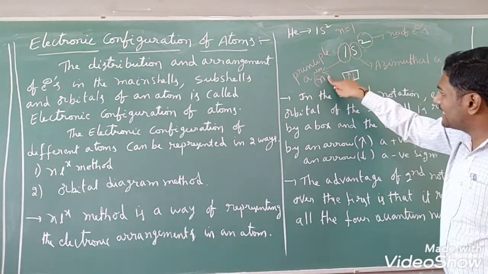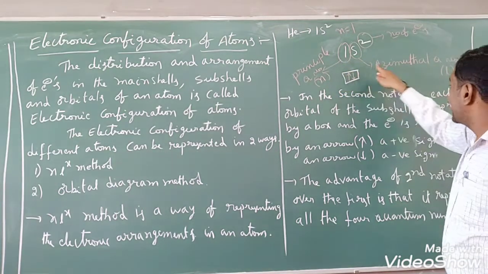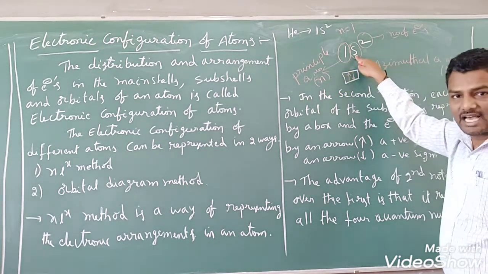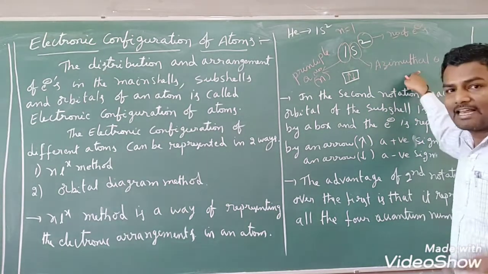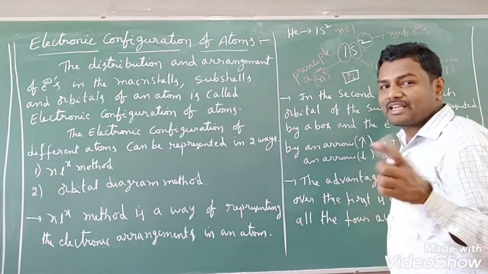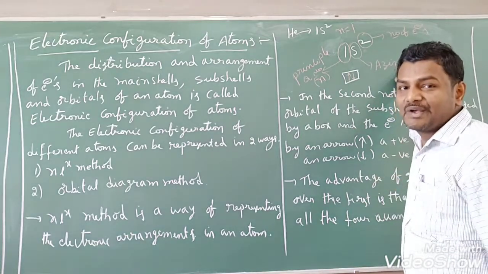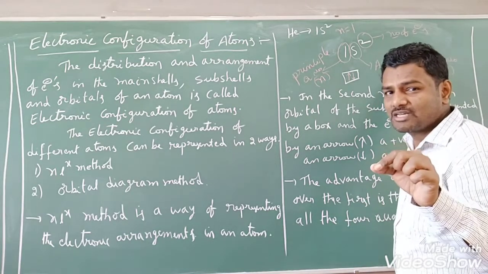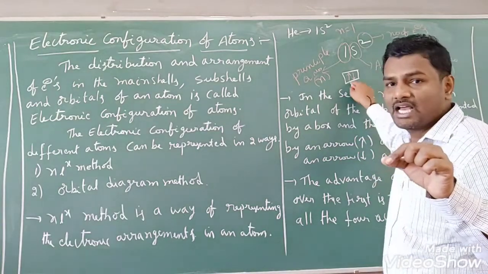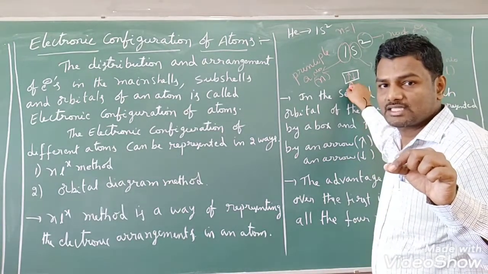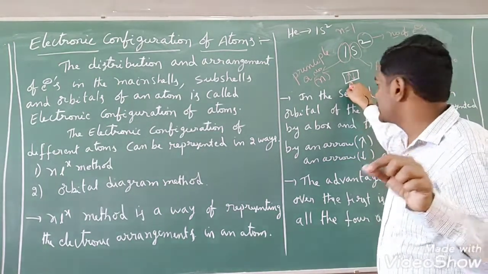By using this we can write the n value, and the l value by using the s subshell. If you know the l value, the m values we can write, but we cannot write the spin quantum number. We can write the spin quantum number only by representing the electrons in a box.